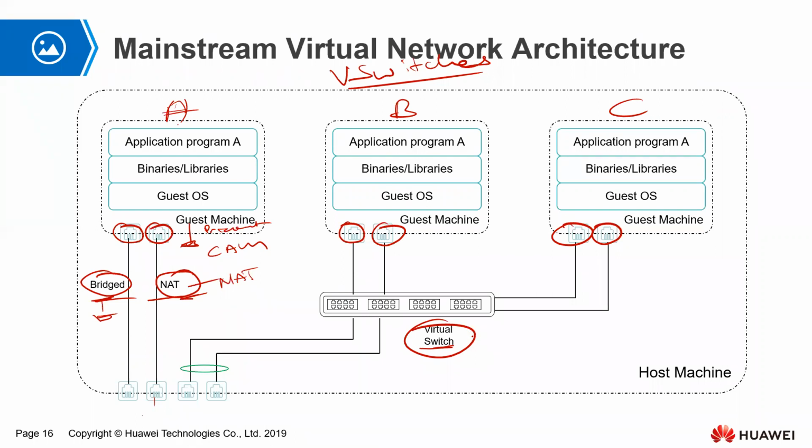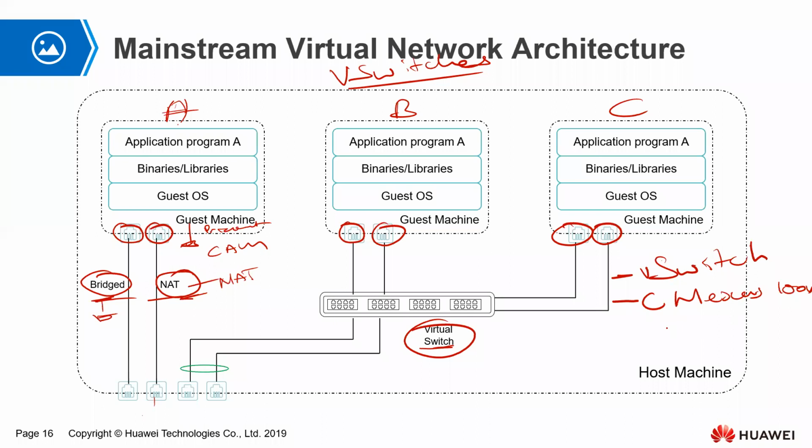Currently, today, each virtualization vendor has its own virtual switching products. For example, when it comes to VMware, it uses vSwitch. It calls its switch vSwitch. Cisco calls its switch Cisco Nexus 1000V.